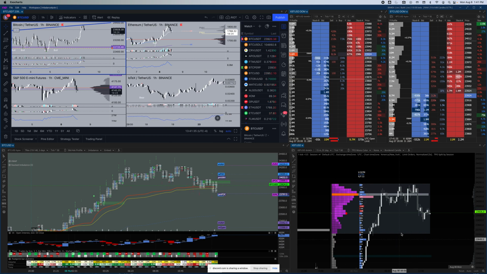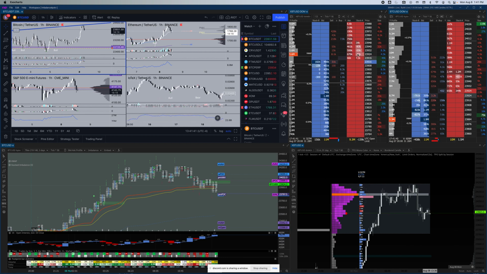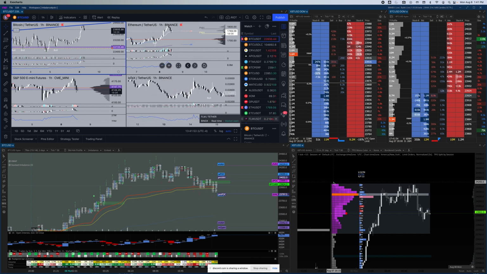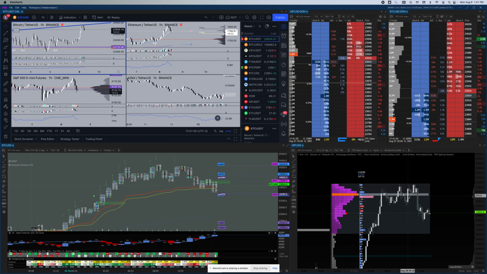We're still above value area low. Shorts definitely getting more aggressive, but they're just not making enough headway. So I think at some point this is going to bounce and flush out those shorts, and then maybe we get a drop, unless buyers really just give out. So yeah, that's where we're at.